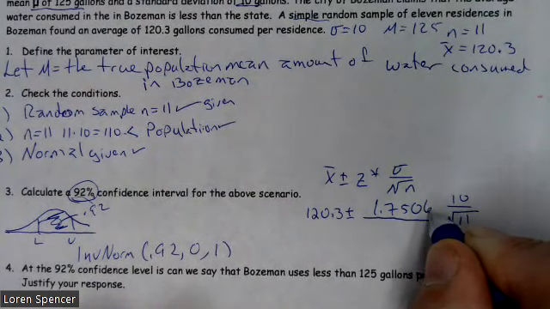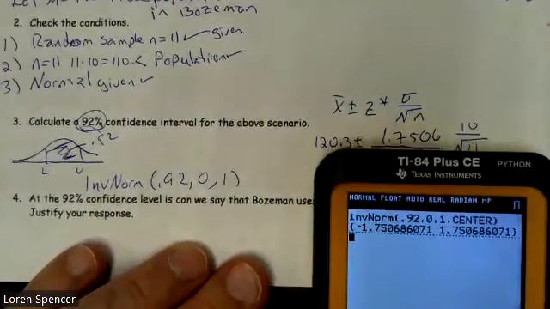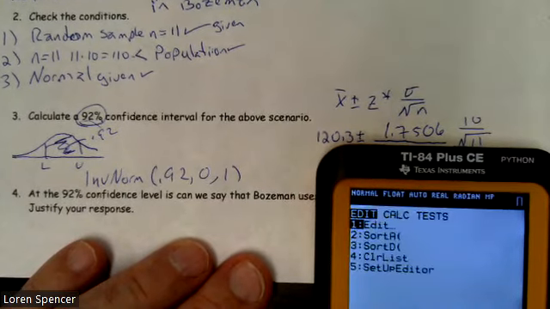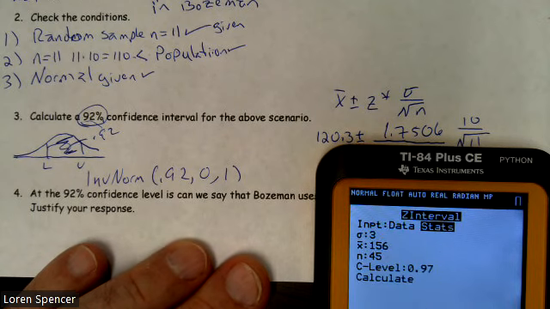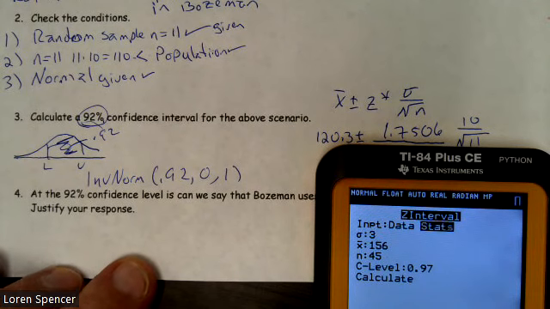All right, now that we have all that information, we're ready to go ahead and calculate our interval. So stat over to test, drop down to number 7, which is our z interval. In this case, we have a standard deviation of 10. We have an x bar of 120.3. We have a sample size of 11.